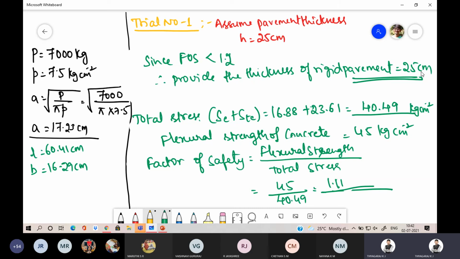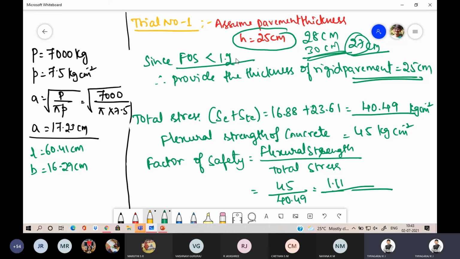So if the factor of safety is not within the limits, then you are going to change this H value, either 28 or 30 centimeter. Likewise, you can provide 27 centimeter, and you are going to do the iteration. That is, you have to iterate till you get the required value, that is, factor of safety less than 1.2 or 1.1. Okay. I hope it is clear, right? Yes, sir. Okay.